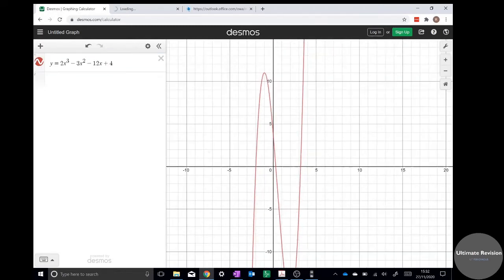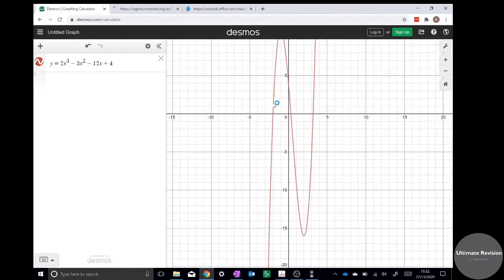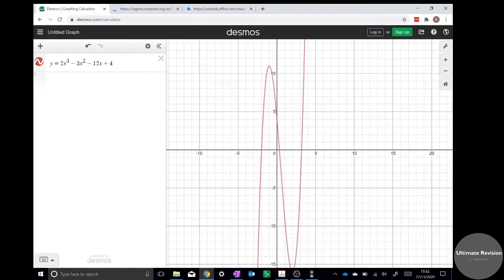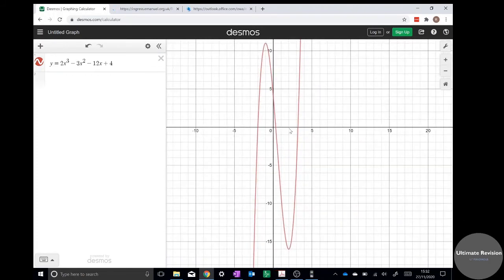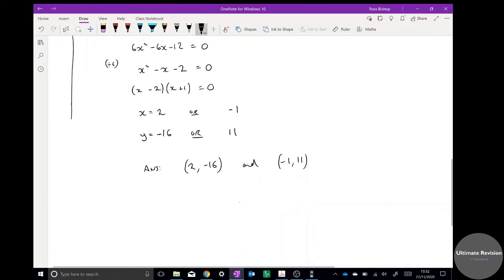And if I zoom out a little bit, the two stationary points, the first one, minus 1, 11. You can see there, minus 1, 11, that's good. And the second one down here, 2 minus 16. So that's a good check there. Good. Right, that's part A.